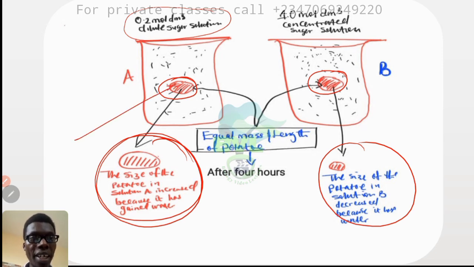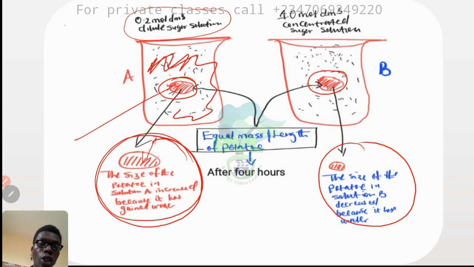The size of the potato in solution A increased because it has gained water. That means the potato has more concentration than the surrounding fluid, so it sucked in the water, because water moves from an area of lower concentration, which is this area here, into the potato. That's why it gains mass.